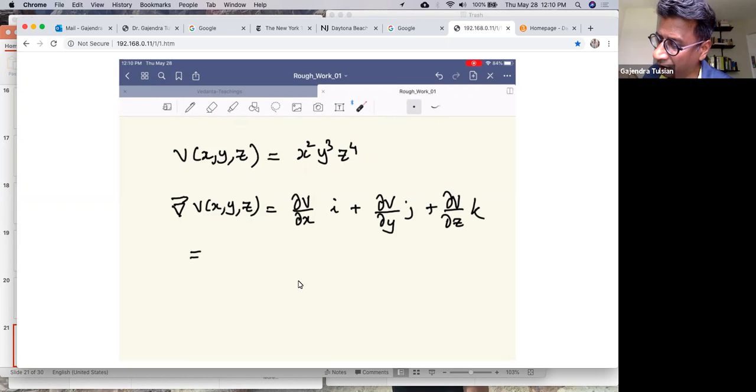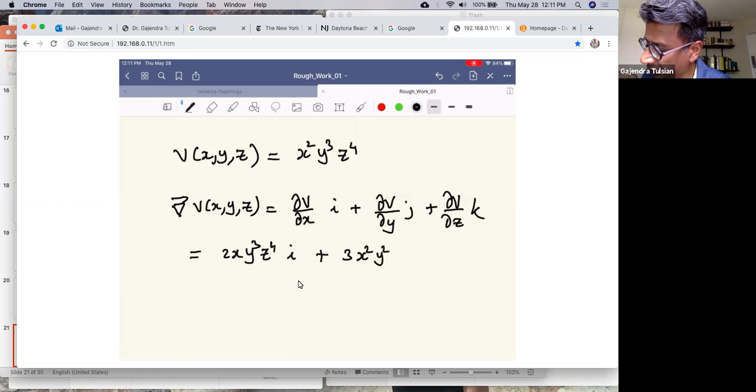So del V by del x would be 2x y cubed z to the power 4 i, plus del V by del y, treating these as constants, would be 3x squared y squared z to the power 4 j, plus the partial derivative with respect to z, treating these two as constants, is 4x squared y cubed z cubed k. Okay. So there's your gradient vector.